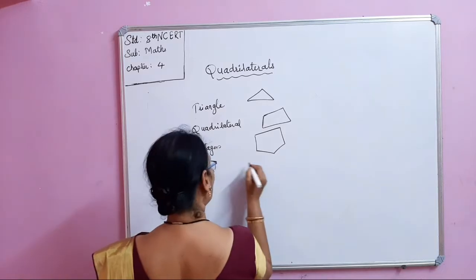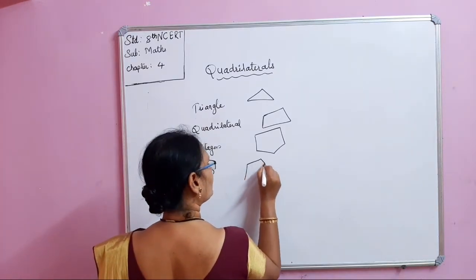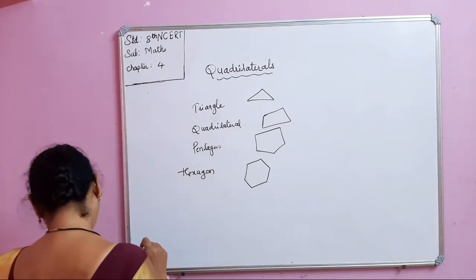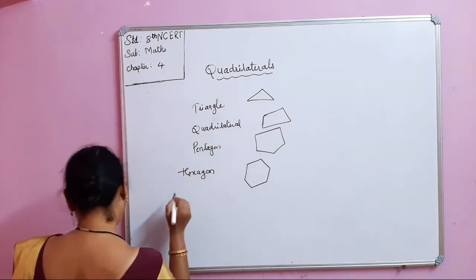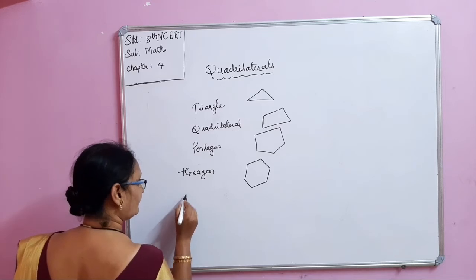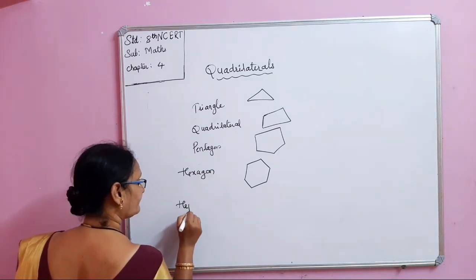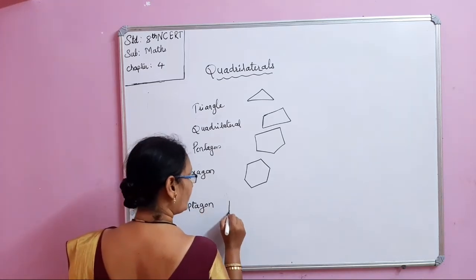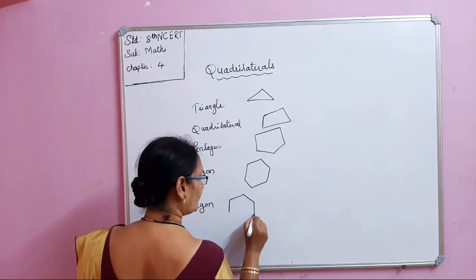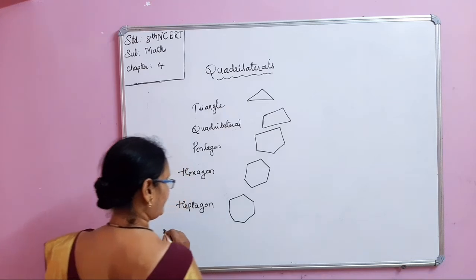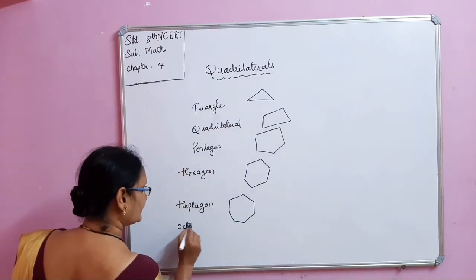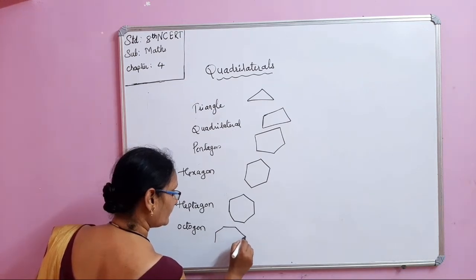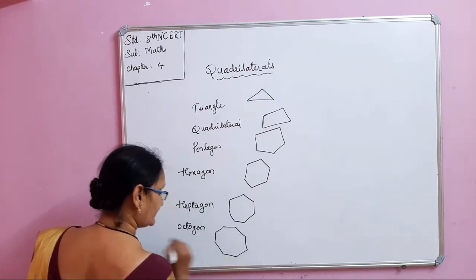Next comes the hexagon. Hexagon is a 6-sided figure. Just now I have drawn 1, 2, 3, 4, 5, 6. This is a hexagon. Next after hexa, hepta. Heptagon, a 7-sided figure. 1, 2, 3, 4, 5, 6, 7. Next octagon, an 8-sided figure. 1 to 8.